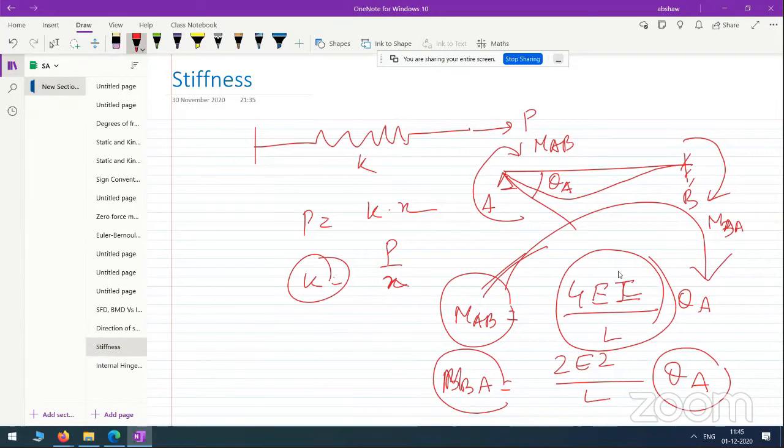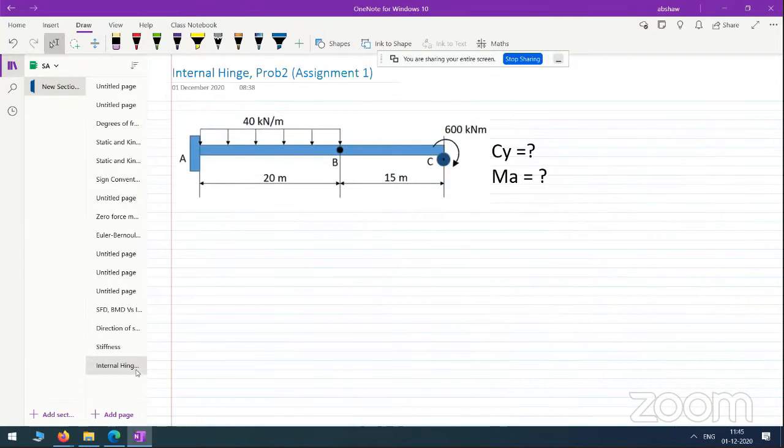Okay, so this is the last thing, as I have to finish by 11:50. Another confusion I have seen is related to internal hinges. For instance, there was a question in assignment 1, problem 2. I'm not going to solve this example here because the solution is already uploaded.